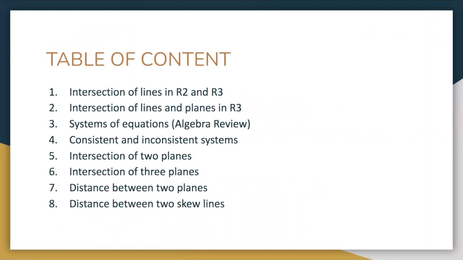For my case, I will be talking about the intersection of lines in R2 and R3, the intersections of lines and planes in R3, the system of equations, and the consistent and inconsistent systems, while my partner Zicheng will be talking about the intersection of two planes, intersection of three planes, the distance between two planes, and the distance between straight lines. In this video, I will be talking about just the intersection of lines in R2 and R3, and the intersections of lines and planes in R3.